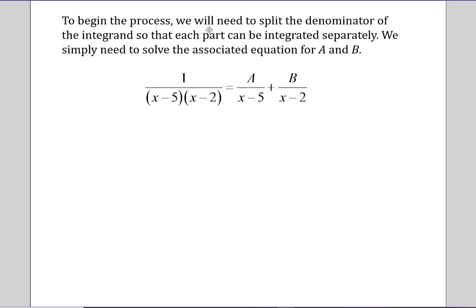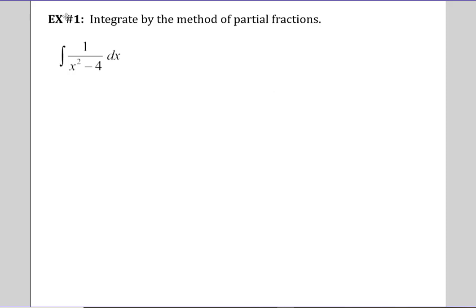So to begin the process, we will need to split the denominator of the integrand so that each part can be integrated separately. We simply need to solve the associated equation for the a value and the b value. So let's give that a try.